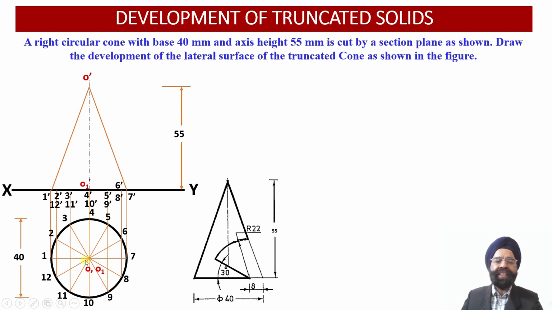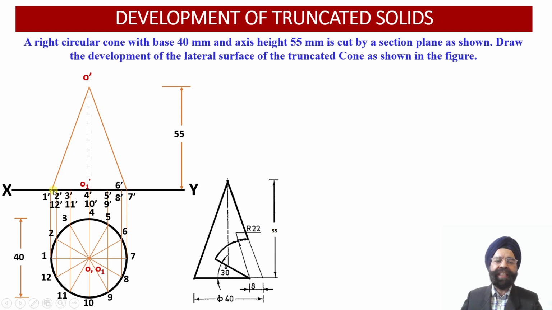Besides this, since the top view of the slant generator O1 and top view of the slant generator O7 happen to be parallel to the vertical plane, the projections of the slant generators O dash 1 dash and O dash 7 dash into the front view projections will reveal the true length of the slant generators over here.